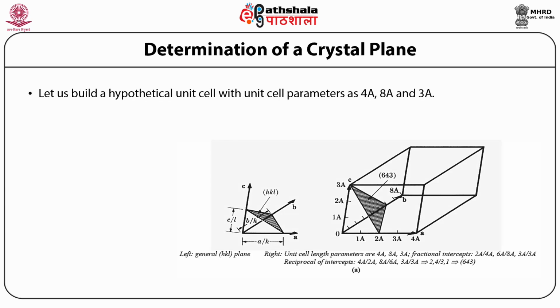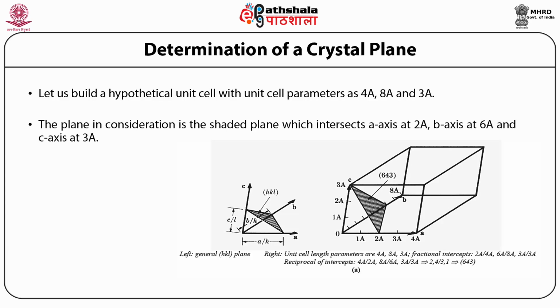Let us build a hypothetical unit cell with unit cell parameters 4a, 8a, and 3a. The plane in consideration is the shaded plane, which intersects the a axis at 2a, b axis at 6a, and c axis at 3a.